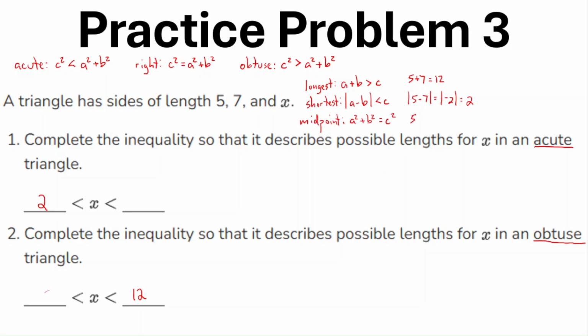So we have 5 squared plus 7 squared, that equals 25 plus 49, which equals 74. But I need c, not c squared, so that means c, or in this case, x, is going to equal the square root of 74. And that is my midpoint.